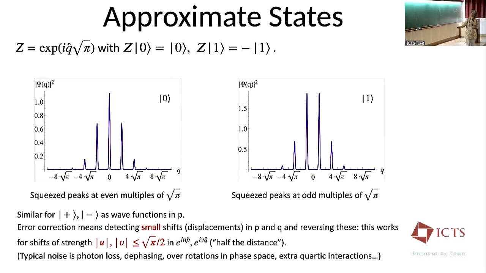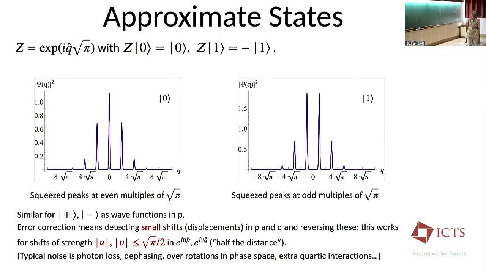In principle, the infinite energy states would be an infinite comb, and there would only be delta function peaks at even multiples of square root of pi for the 0, because 0 has to be an eigenstate of this operator, which means that Q must be an even multiple of square root of pi. And similarly for 1, I have to have peaks at odd multiples of square root of pi.